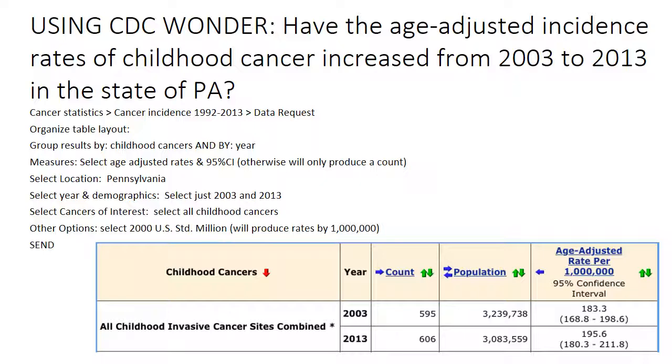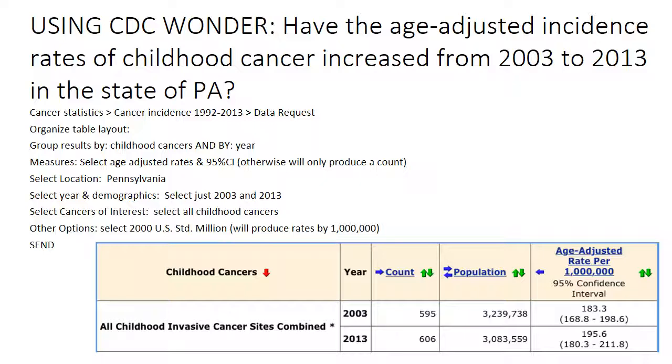Then the measures we want to use, we want to have the age-adjusted rate as well as the 95% confidence interval. Otherwise, it will only give us a count, which would be the number out of the population. So if we want that age-adjusted rate, what I'm asking you in this question, you need to check that off in the measures portion. We're only looking in the state of PA, so we want to select Pennsylvania.